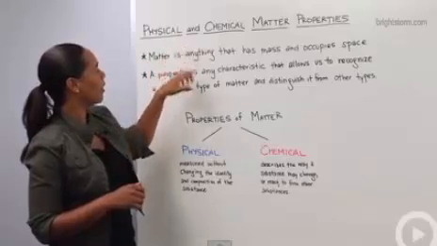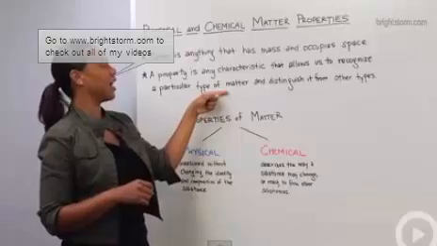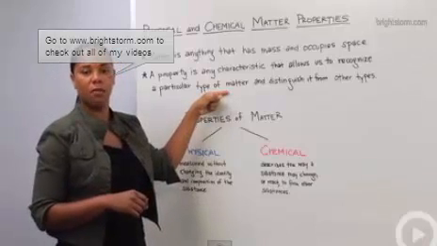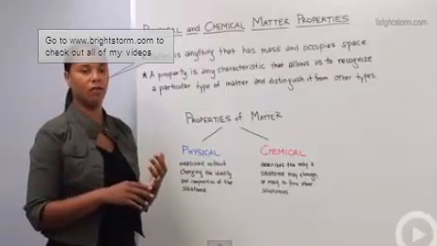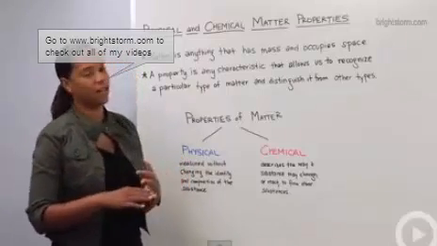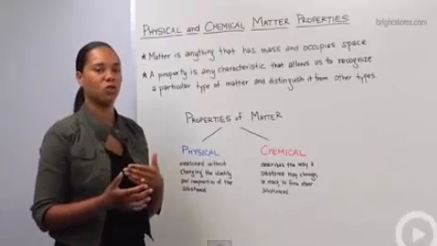And then a property is any characteristic that allows us to recognize a particular type of matter and distinguish it from other types. So within that, there are these two concepts of physical properties and chemical properties. You shouldn't get discouraged, and you should practice this numerous times.